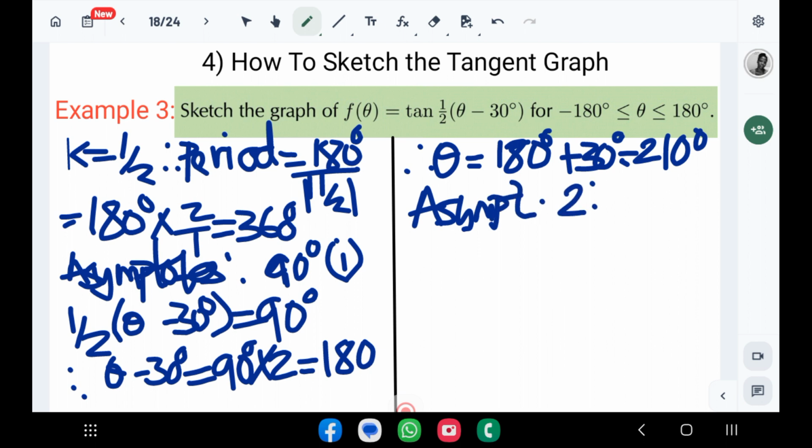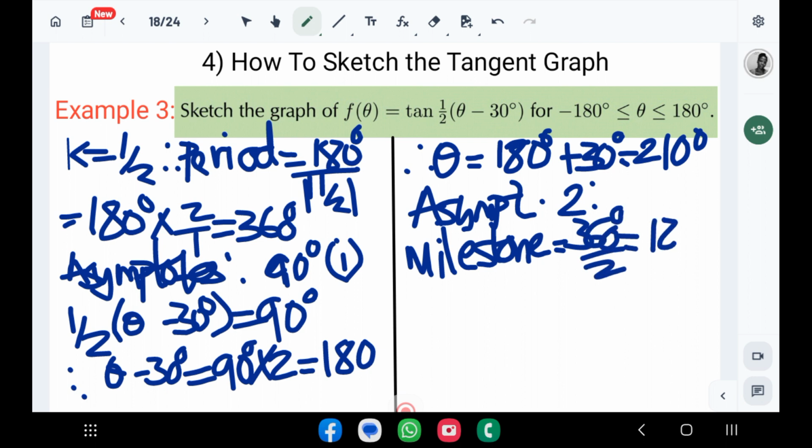Asymptote 2 in general will basically be, instead of 90 degrees, because our period has been doubled, half of a period to the left. So the milestone, which is half of a period, in this case will be equal to the period, which is 360 degrees, divided by 2, and that will be equal to 180 degrees.